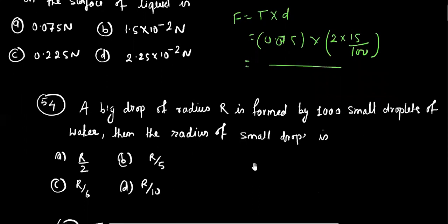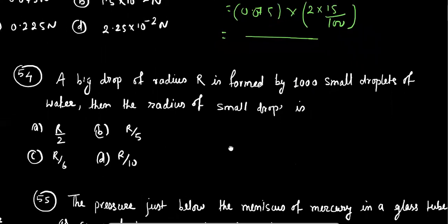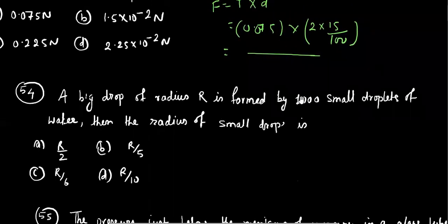Now we are going to discuss question number 54. In this question it is said that a big drop of radius R is formed by 1000 small droplets of water, then the radius of a small drop is.